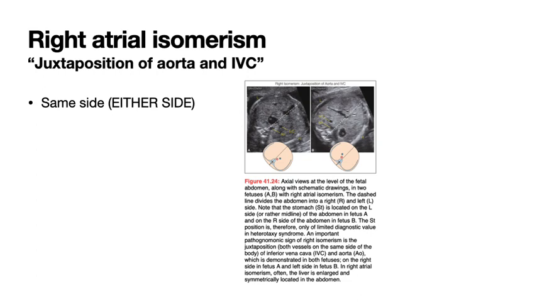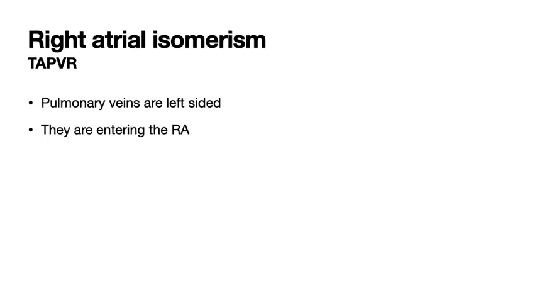Great, right atrial isomerism. But then they kind of mess it up by saying, oh yeah, and it can also be both together over on the left. So the aorta and IVC are always supposed to be on opposite sides of the midline. If they are on the same side, first of all, think of heterotaxy, but specifically right atrial isomerism.